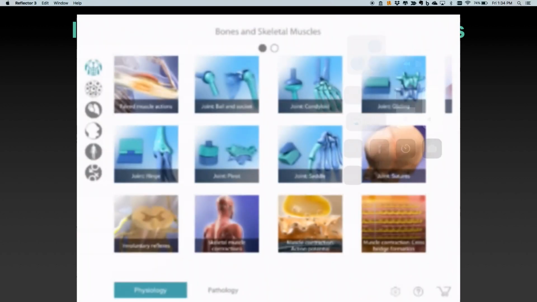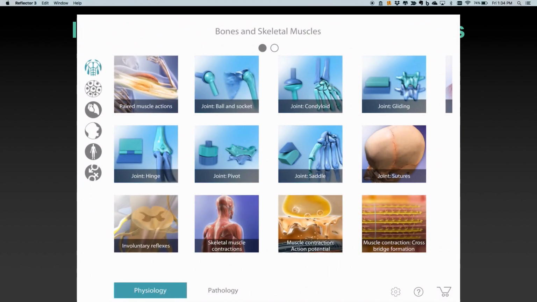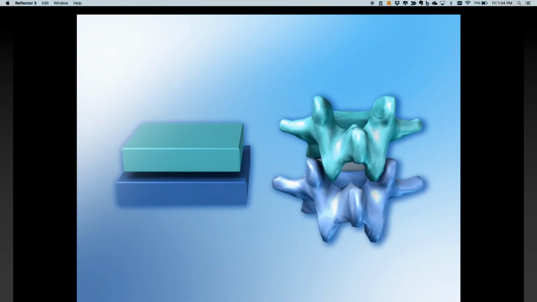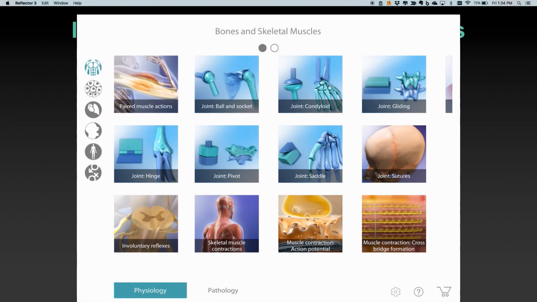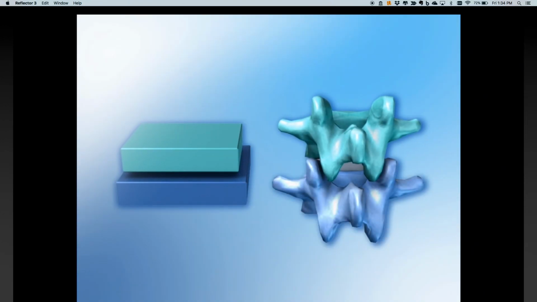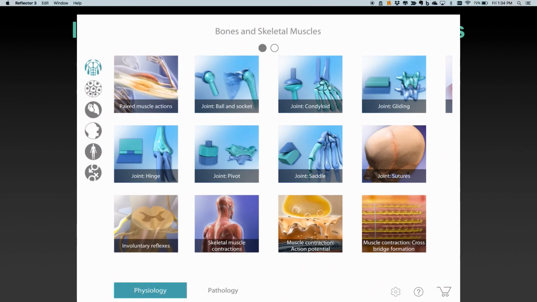There we go. As the body moves, the vertebrae of the spine move against each other as gliding joints. Pretty nice, huh? Let's see it again. So notice the motion defined by the name, gliding, two surfaces moving across one another.